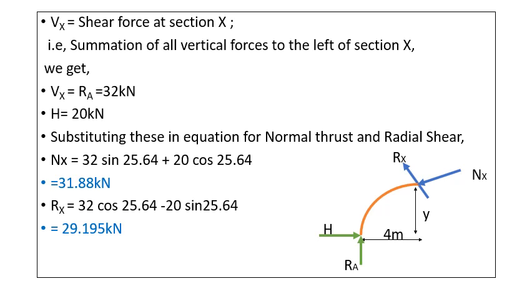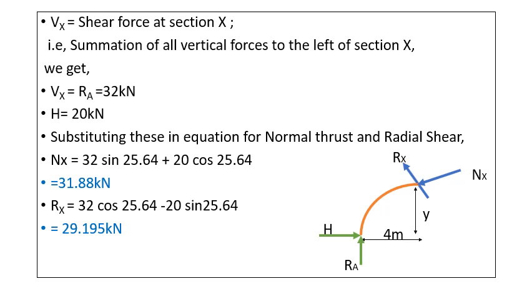So here actually you can write down considering the section just the left of the loaded point or just the right of the loaded point. If we consider just the right of the loaded point, then Vx becomes Ra minus 40, that you get as minus 8 kilonewton.